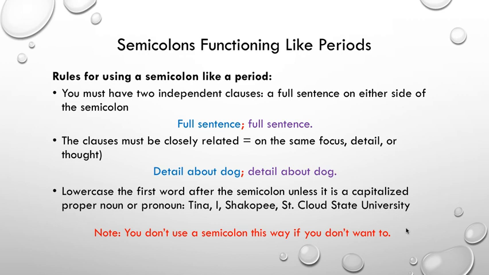Lots of different ways to avoid using it. So I would only use it if you really feel like it's appropriate and it's not going to distract the reader. And I will let you know, semicolons do distract the reader when they are used incorrectly.